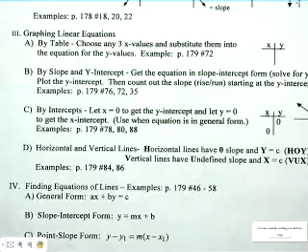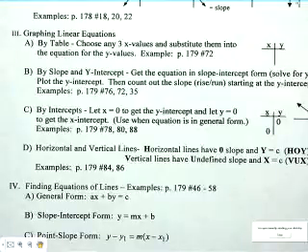The first way that you learn to graph a linear equation is by making a table. Just choose any two x values or any three x values, substitute them into the equation and find the y values. Now, how many points does it actually take to graph a straight line? It only takes 2. You give me any 2 points in the whole wide world, I can put a straight line through them.